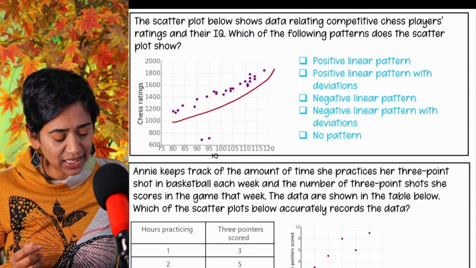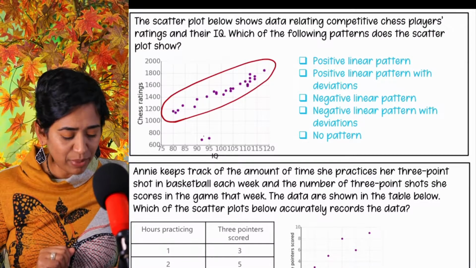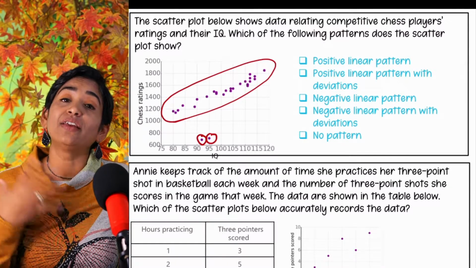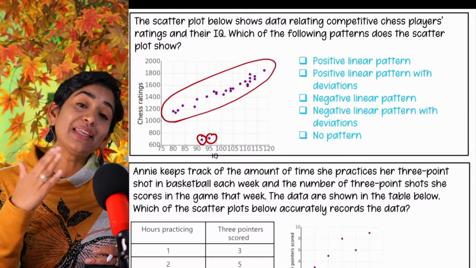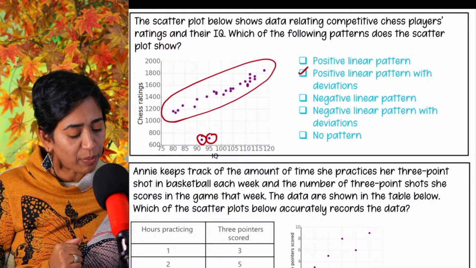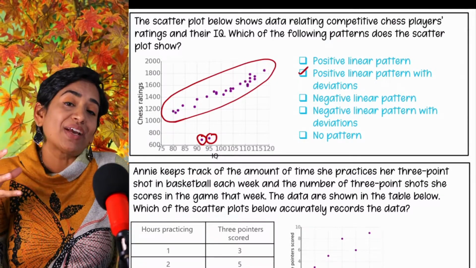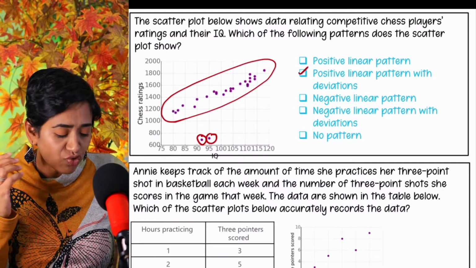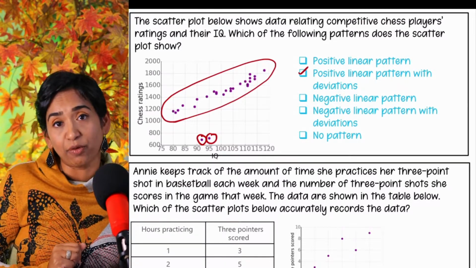Yes, there is a positive linear relationship, but I do see these two dots that are deviated from the scatter plot. So it is positive, but there's still a deviation. So it's a positive linear pattern with deviations. If everything is in perfect sync on the same line, then it's a perfect positive. But if you see dots randomly here and there, that means there's a deviation in the scatter plot.